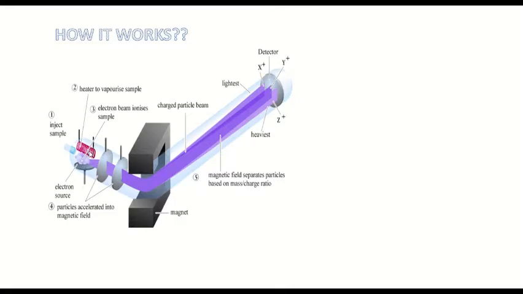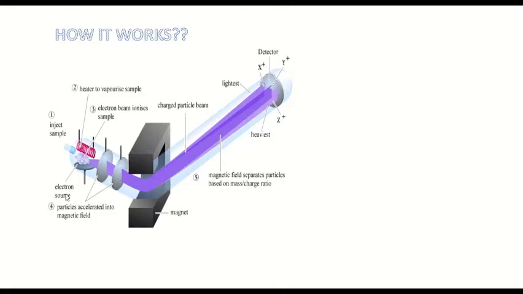Sample kita yang dah vaporize tu, atom gases ataupun gases molecules yang tadi pada step yang kedua dah vaporize tu. Pada ionization chamber pada step yang ketiga, this vaporized sample will be bombarded with high energy electron.